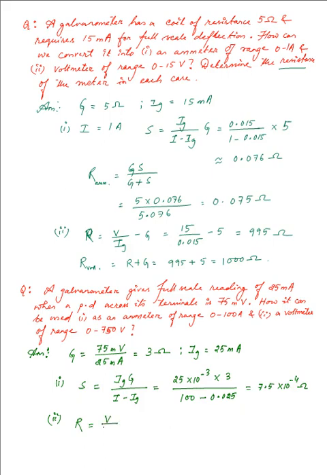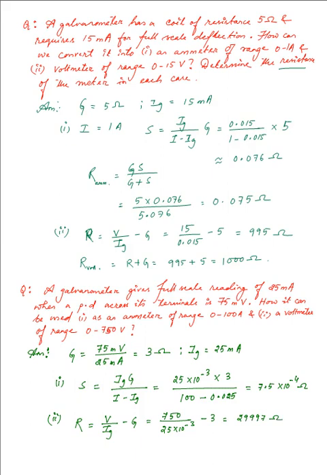So V by Ig minus G, which is over here, is 750 divided by 25 times 10 to the power minus 3, and the value of G as we know it is simply 3. Now it's 30,000 minus 3, which is 29,997 ohms, so quite a high value.